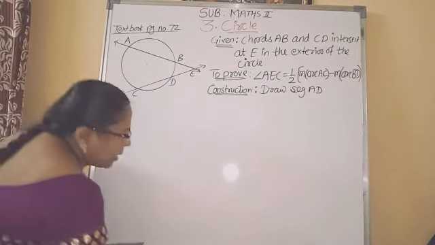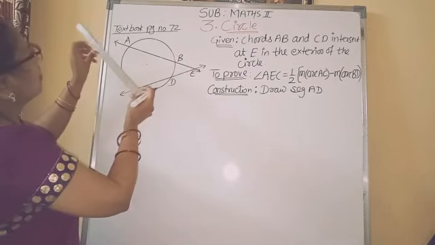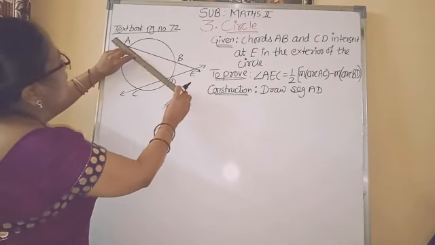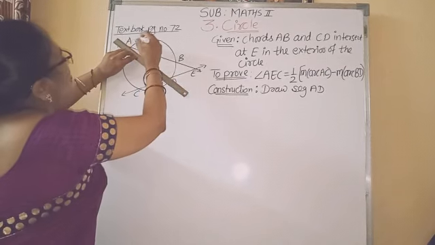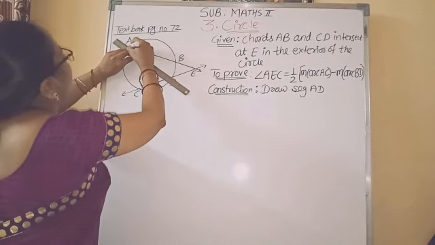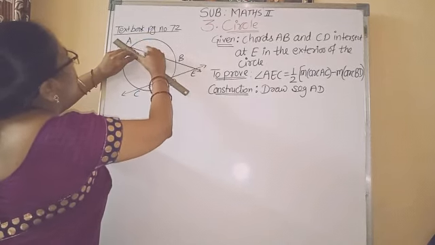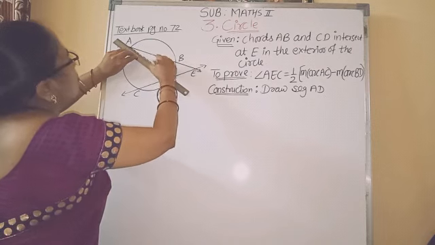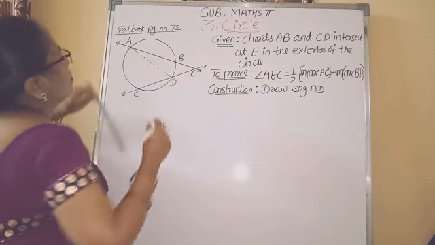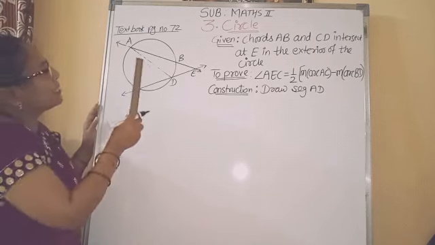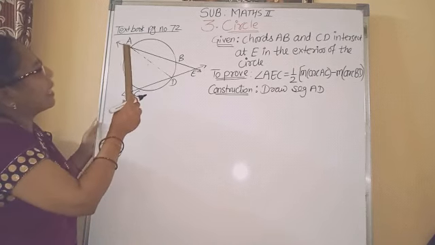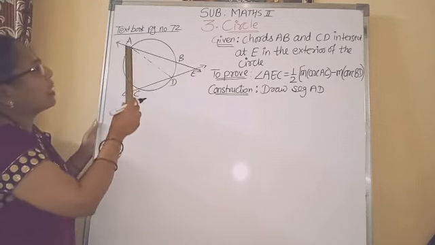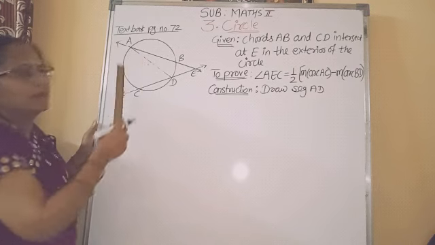We have to draw segment AD. So due to this segment AD, we got triangle AED. So we have to use this triangle.